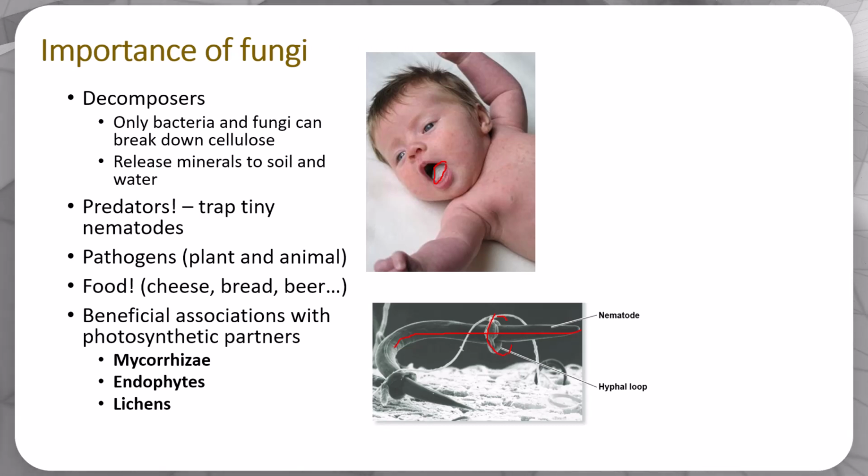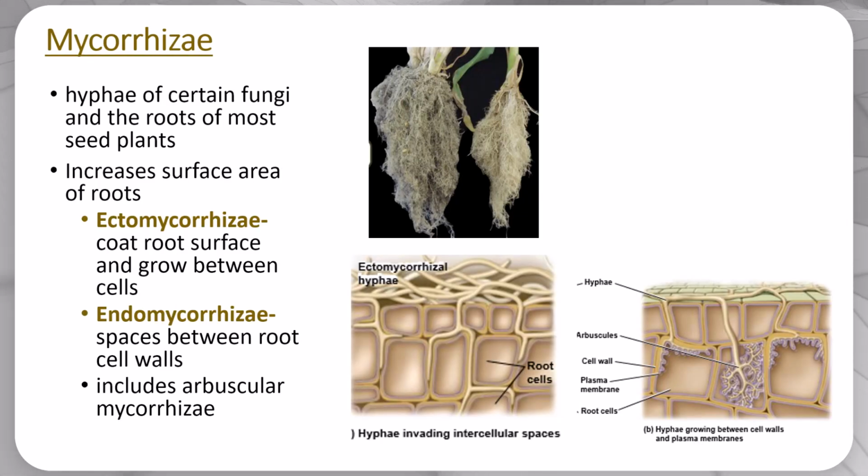Yeast is important for making bread and beer and wine, and some cheeses rely on fungi as well. And then fungi have beneficial associations with photosynthetic partners as well, and we'll get to those coming up in their own slides here.